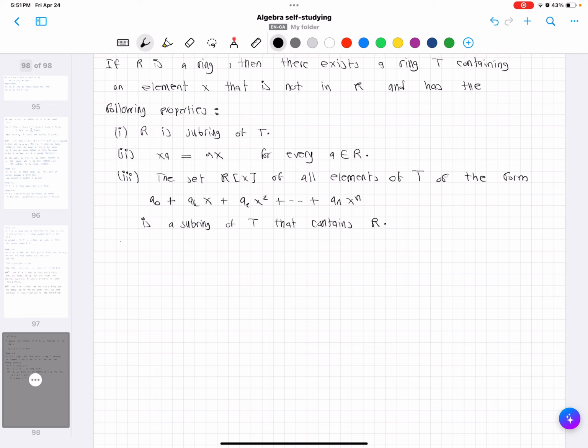And the representation of elements of R[x] is unique.